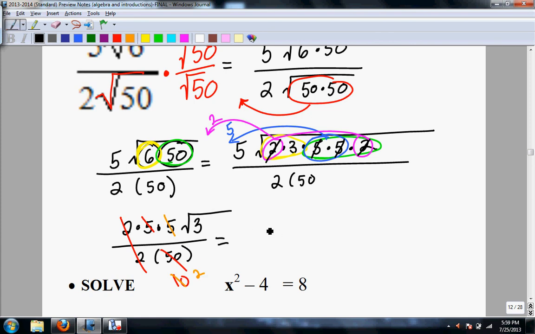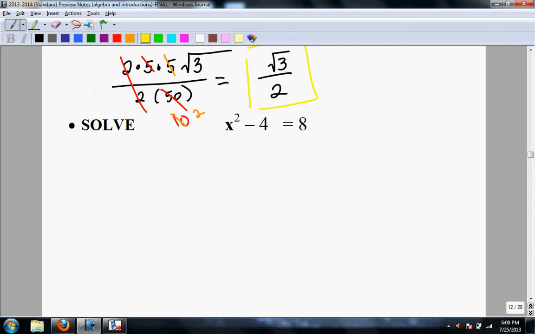Our final answer, after all that, is square root of 3 over positive 2. We're going to do more of this in class. If this looks really intimidating, it's fine. The more practice you get, the better you're going to get at this.